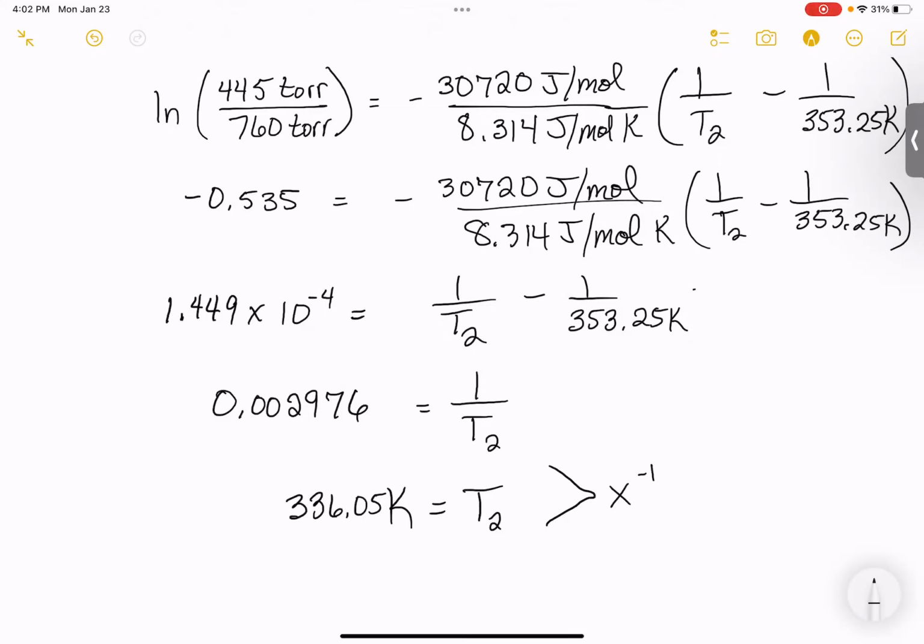How did you get the 1.449? So to get that, let me do it this way. To go from here to here, I multiplied by 8.314 and divided by a negative 30,720.